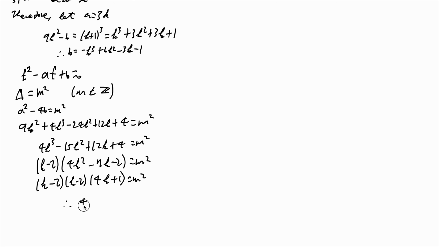Therefore, 4k plus 1 equals a square number. But notice that 4k plus 1 itself is an odd number. That means it should be a square of an odd number, because even times even cannot be odd.